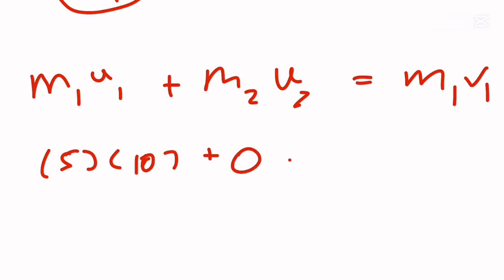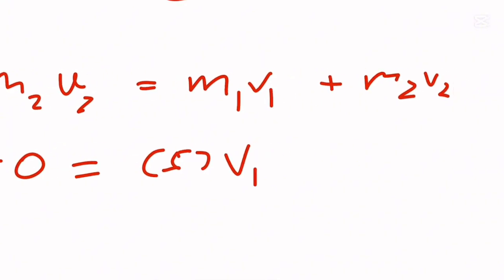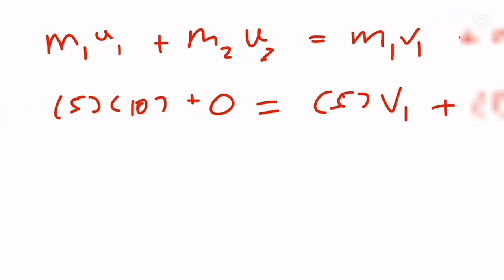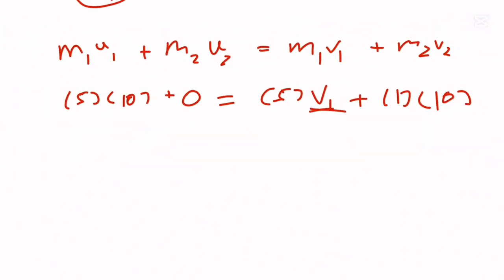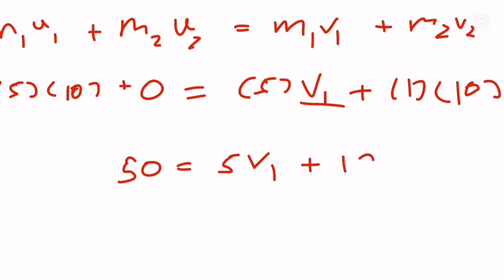So this is 0. M1 is 5, V1, which we don't know, we have to find that. And then M2, which is 1, and V2, which is 10 meters per second. So we just solve the equation for V1 right here. So it's gonna be 50 equals 5 V1 plus 10.